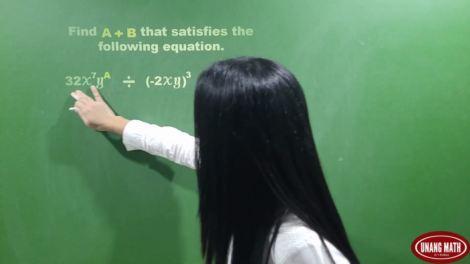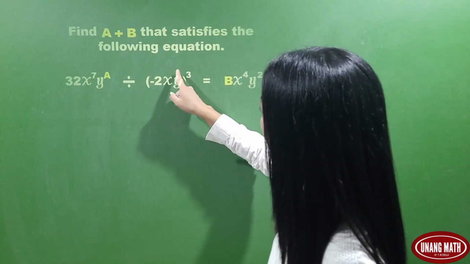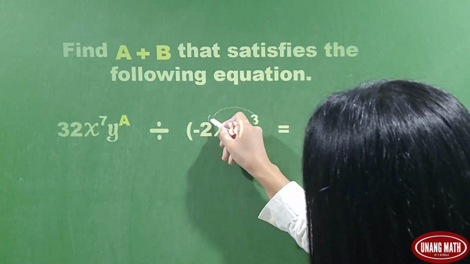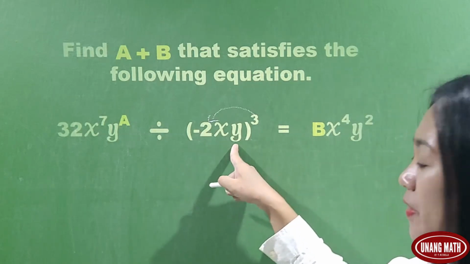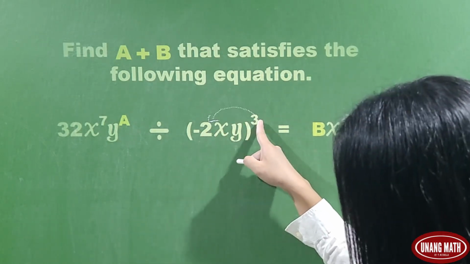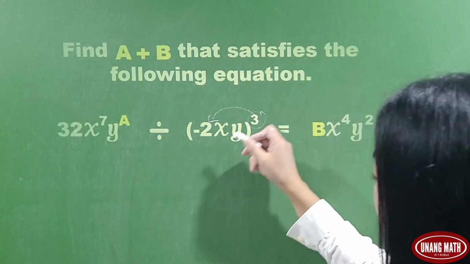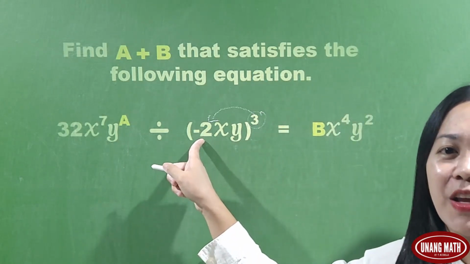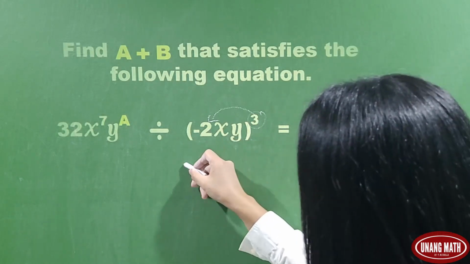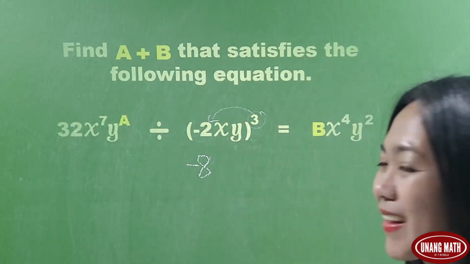Okay, to simplify this expression, we need to remove this parenthesis. So this exponent 3 is now distributed to each number and variable inside the parenthesis. So this is negative 2 raised to the power of 3. This is an odd number, so that means the value is negative. So negative 2 raised to the power of 3 is negative 8.